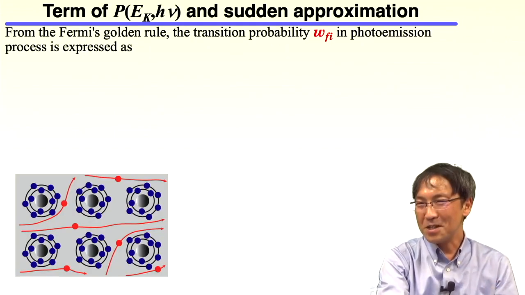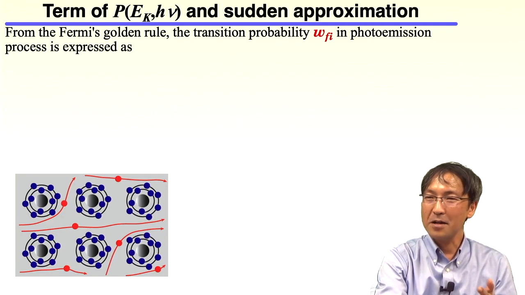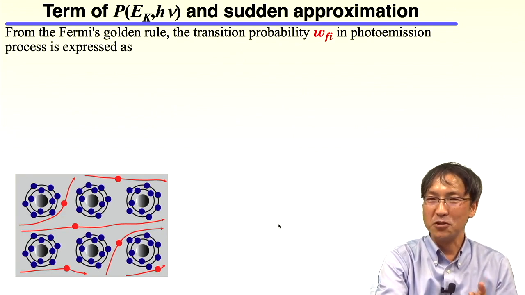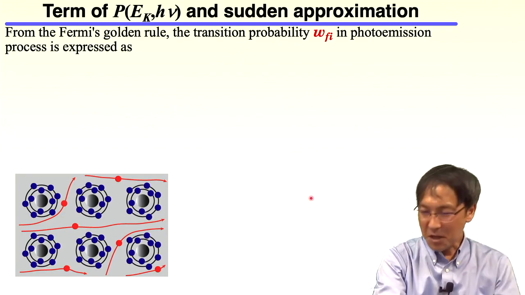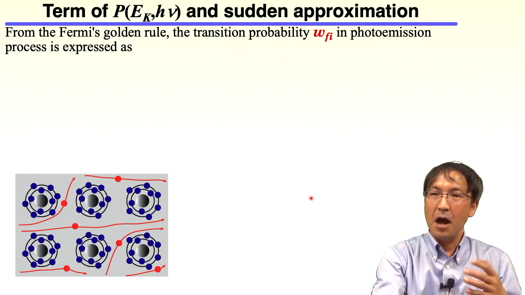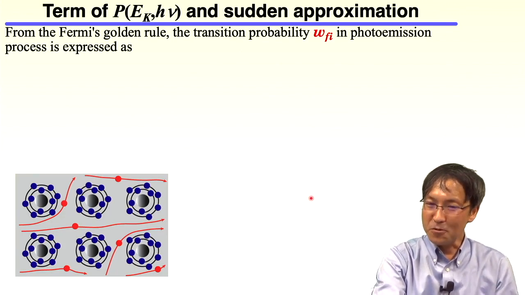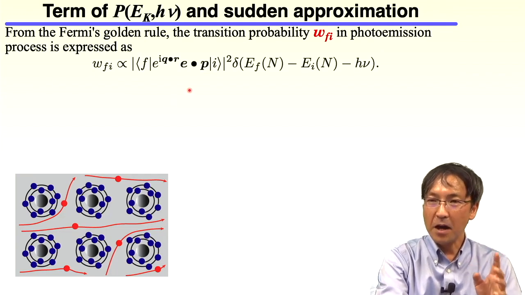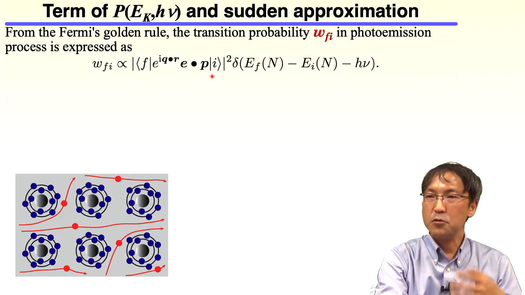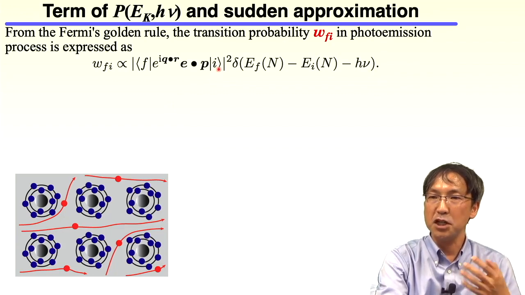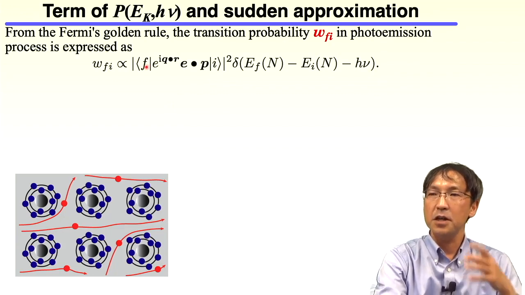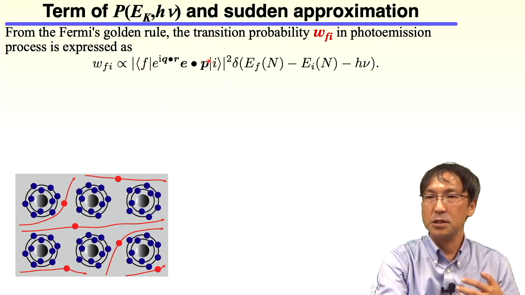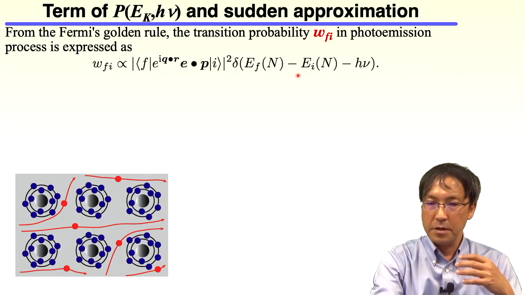So let me start from step 1, creation of photoelectron, in other words, photoexcitation. According to Fermi's golden rule, the transition probability W_FI, which represents the transition probability from the initial to final state in the photoemission process, is expressed by this formula.